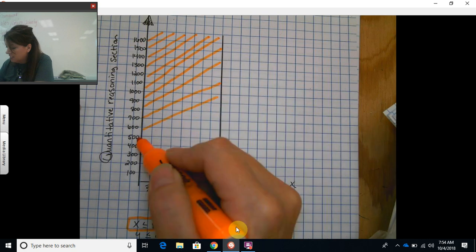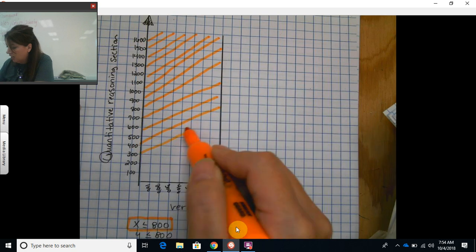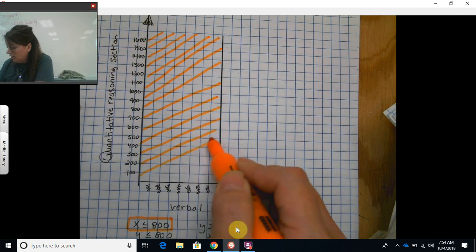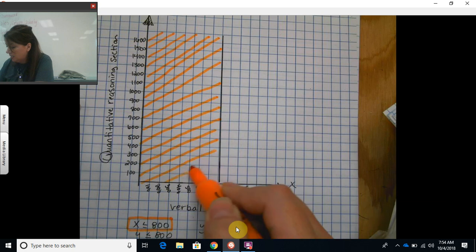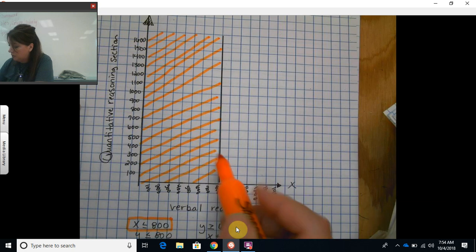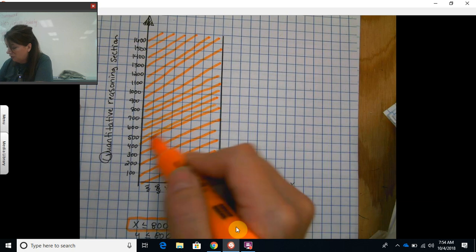Now, since the line is solid, that means 800 itself is a possibility. If the scores could not be 800 but had to be less than 800, we wouldn't have the or equal to part, and we would do a dash line. But a solid line means it also includes 800.